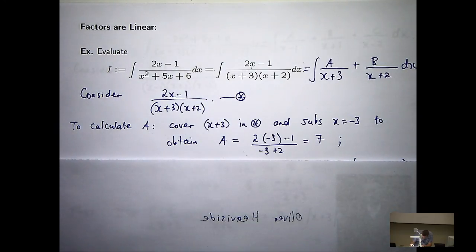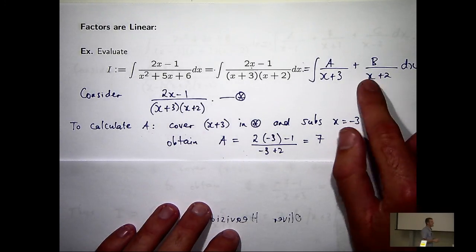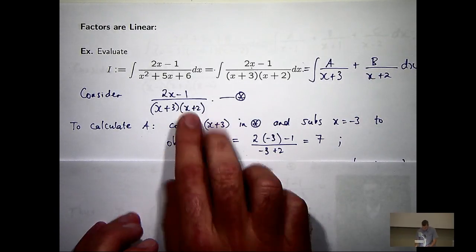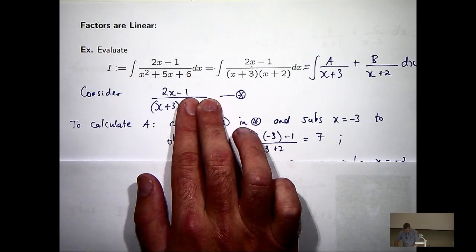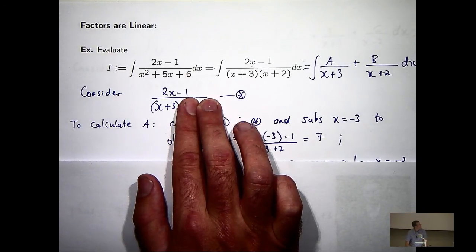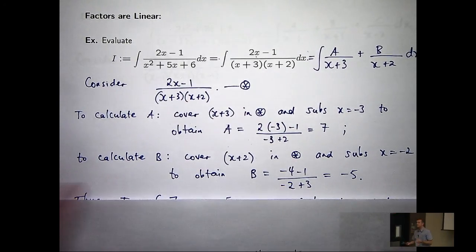To calculate B, I see B lies above x plus 2. Go back here, cover up the bracket containing x plus 2, and substitute in x equals minus 2. That'll give you B equals minus 5.